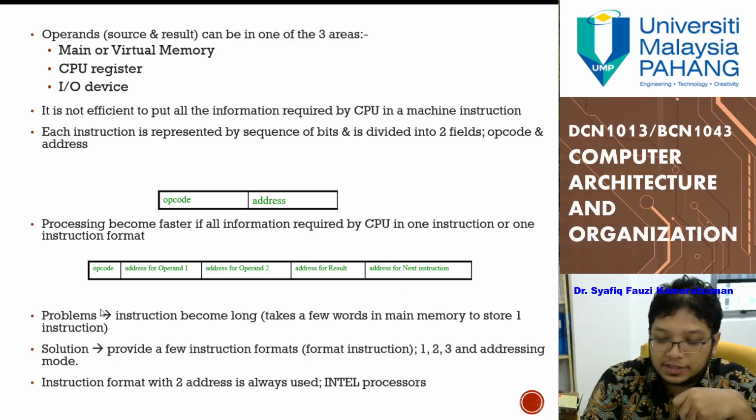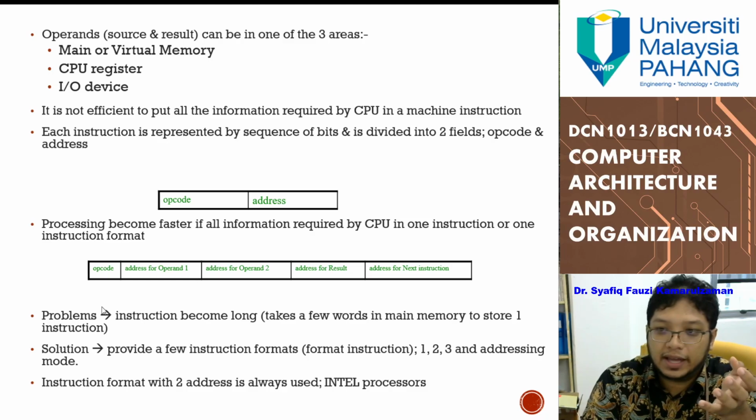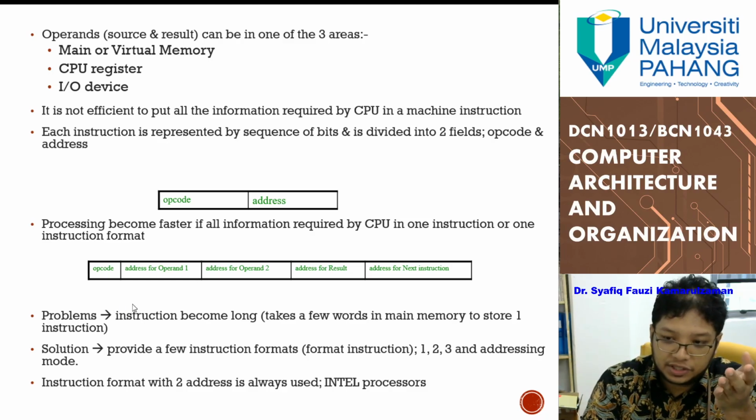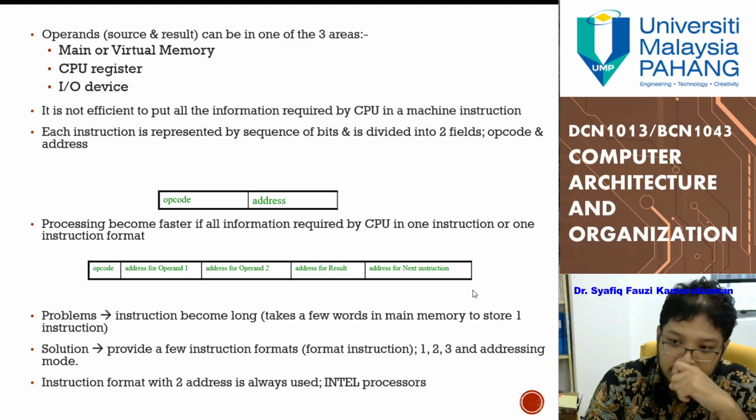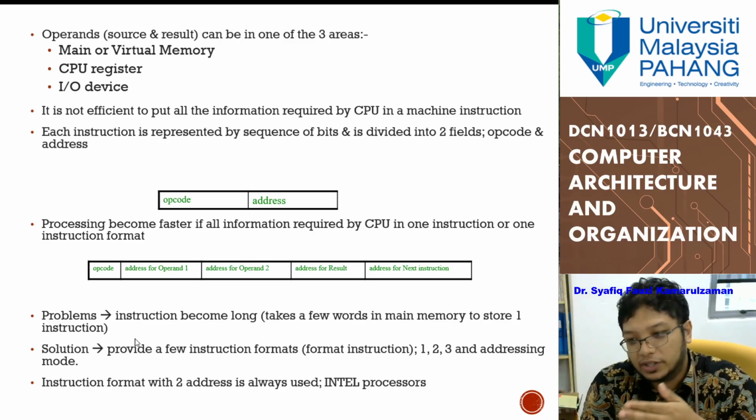The problem with this kind of instruction is that the instruction is long, with a certain bit size, and takes a few words in main memory to store one instruction. The solution is to provide a few instruction formats.